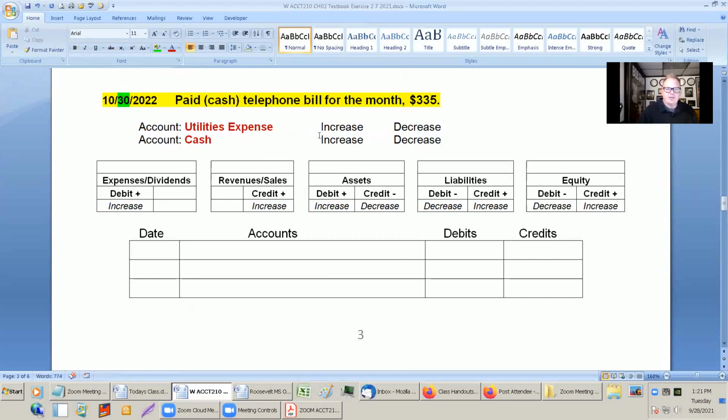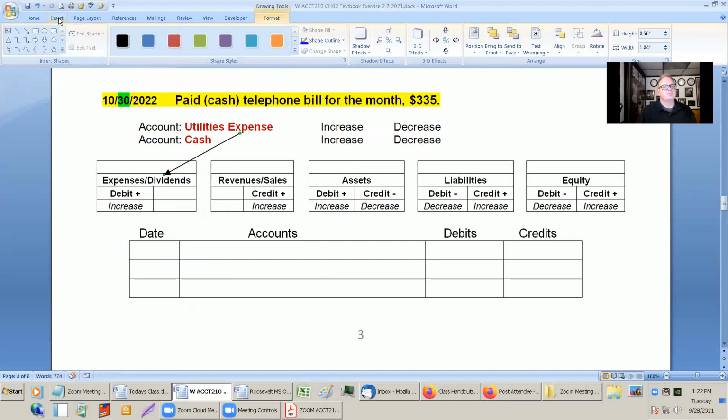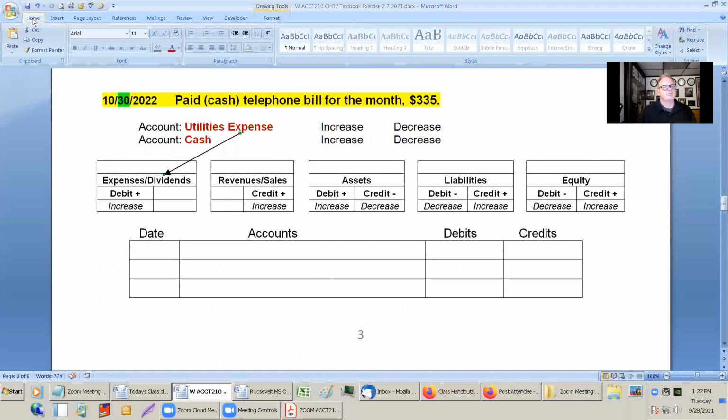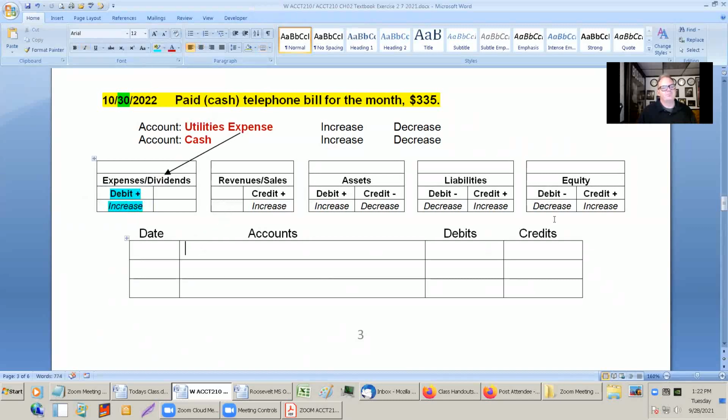And quite honestly, you didn't have to know the increase, decrease. They're always increasing, but you don't even need to know that. If you're going to do an expense, you make the journal entry.